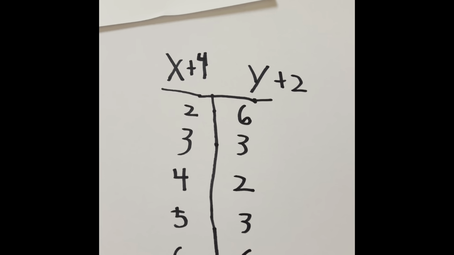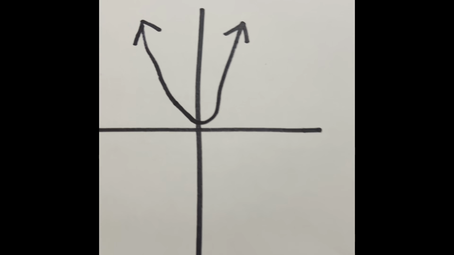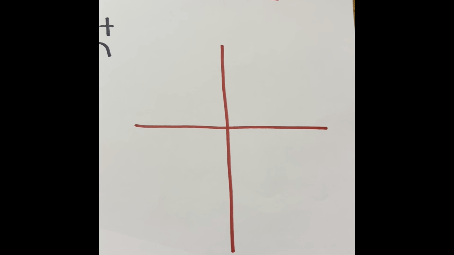Oh, and yeah, a parabola is the shape of what this thingy is called when you graph it on a graph. So let's see what happens when we try to graph it out.